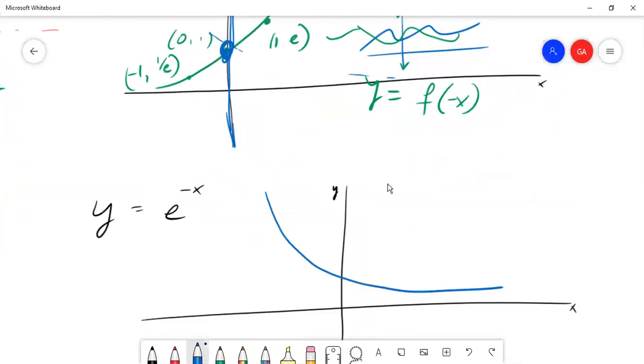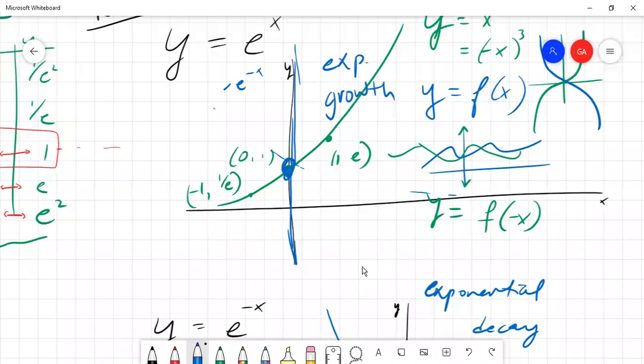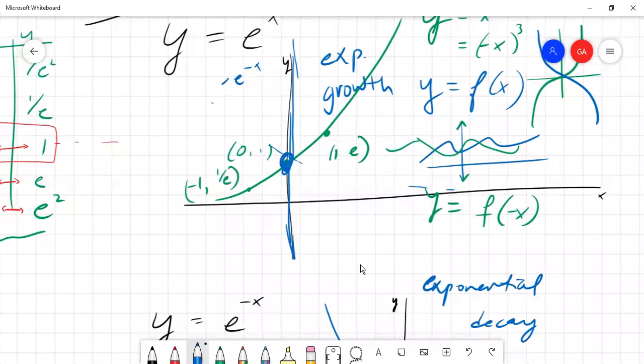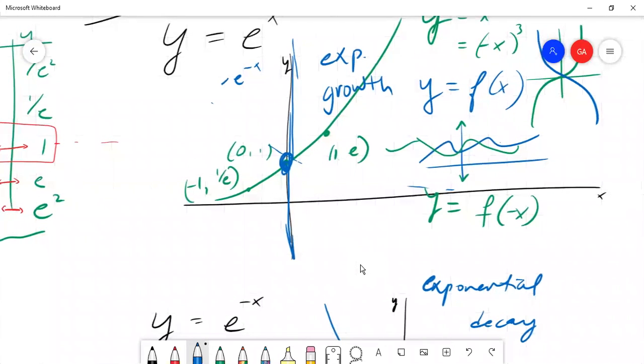I'm sure these terms are familiar. There are so many examples in nature. The more you study the physical world, you'll realize that nature is very well described by exponentials and things related to exponentials. We'll talk about that more, maybe tomorrow slightly.